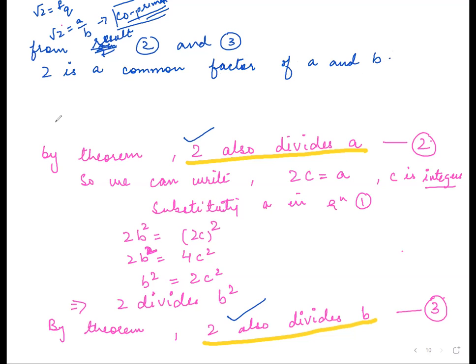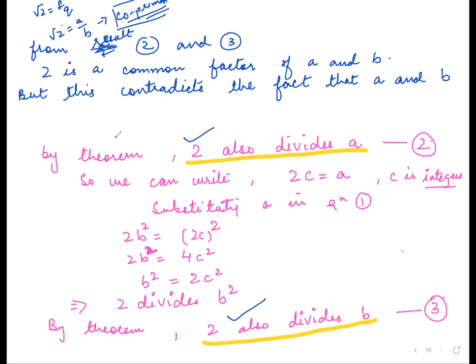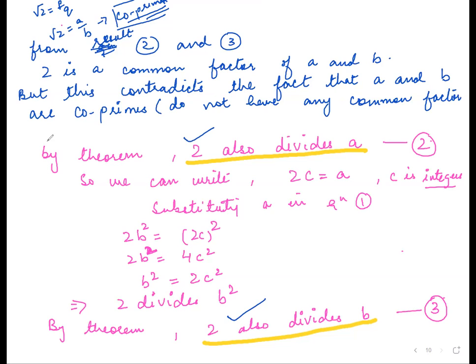But this contradicts the fact that A and B are co-primes, do not have any common factor except one.